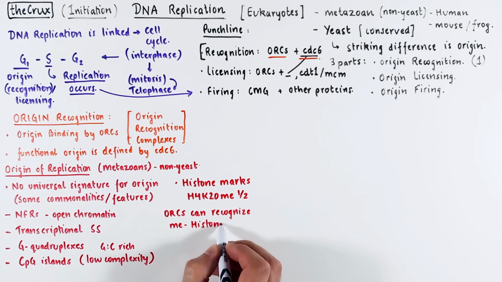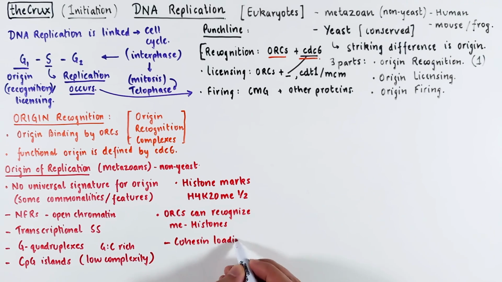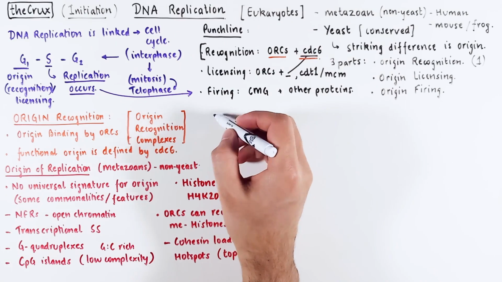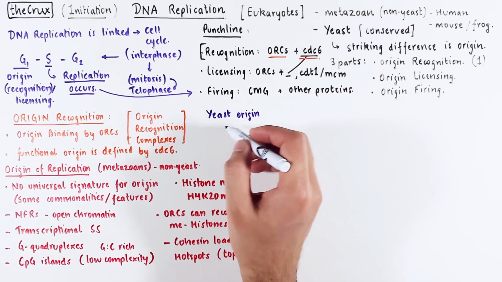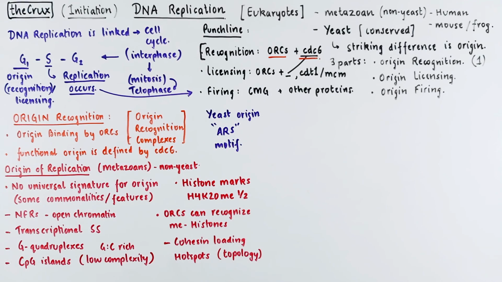And more recent studies have shown a correlation between cohesin loading and collision hotspots that form these favorable DNA topologies for ORC binding. All of this is in contrast to yeast origin, which has a universal ARS motif structure. Again, watch the origin of replication video for more details on that.